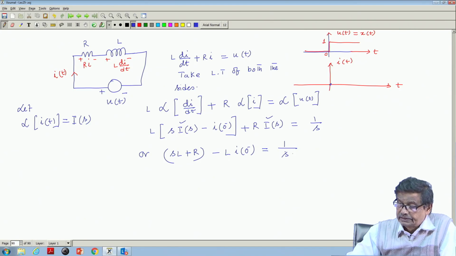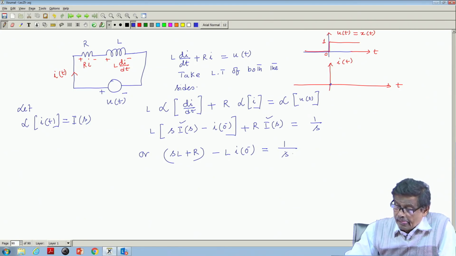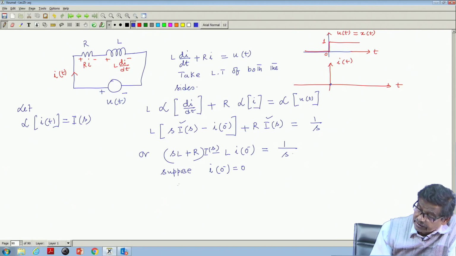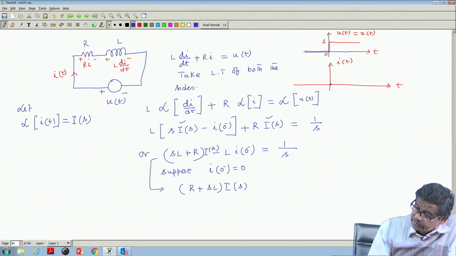This will be the thing into I(s). Suppose i(0-) is equal to 0, there was no initial current, then this equation would have been R plus sL into I(s) is equal to 1 over s, is not?